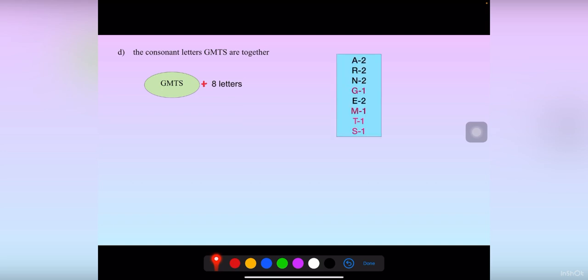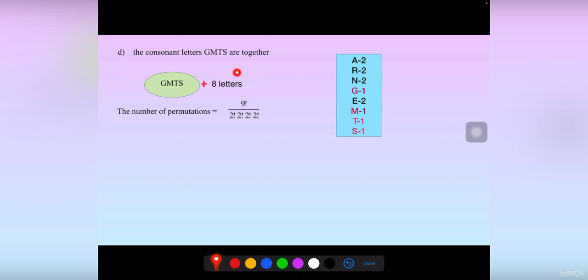We block this GMTS, and the number of objects that we are going to arrange is 9. The block is considered as 1, and then we have 8 letters.